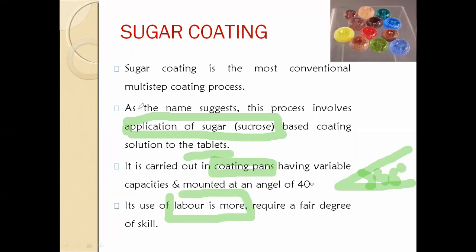Just to summarize, sugar coating is one of the conventional multi-step coating processes where we apply sucrose based coating solutions to the tablet. This process is carried out in coating pans of variable capacity, mounted at a 40 degree angle. And this process requires more labor, more time, as well as specialized skills.